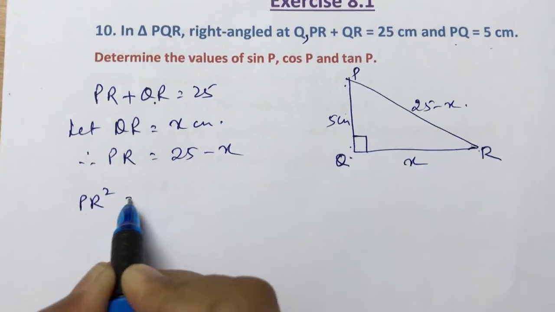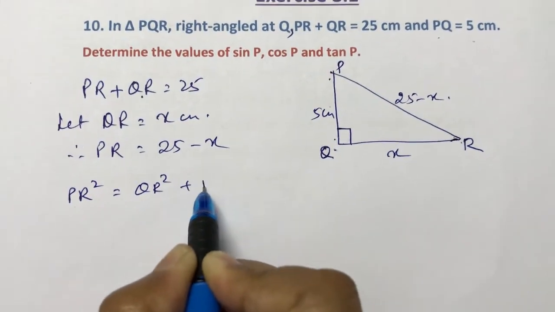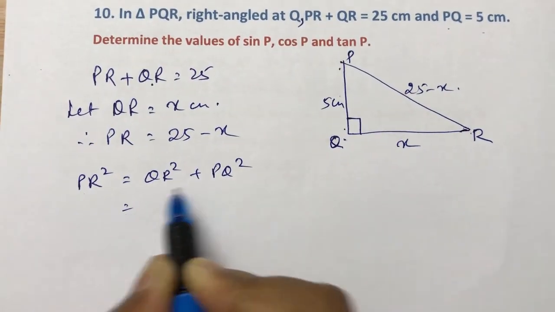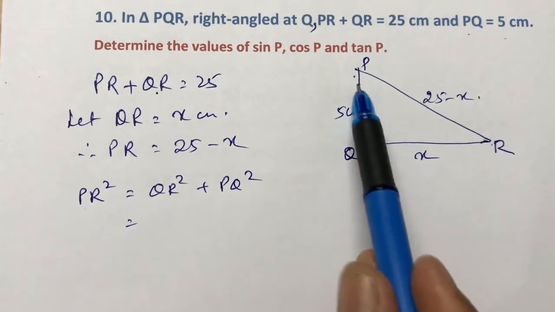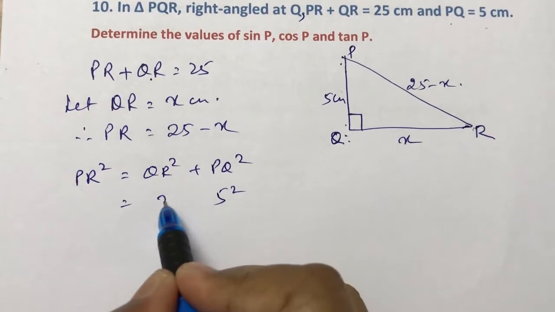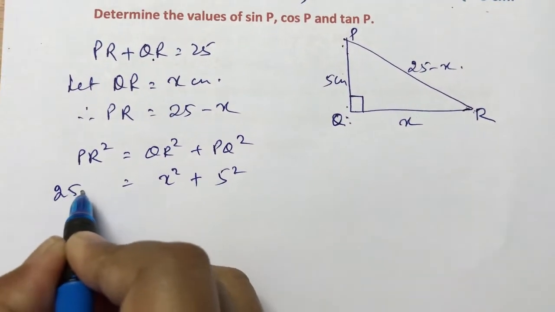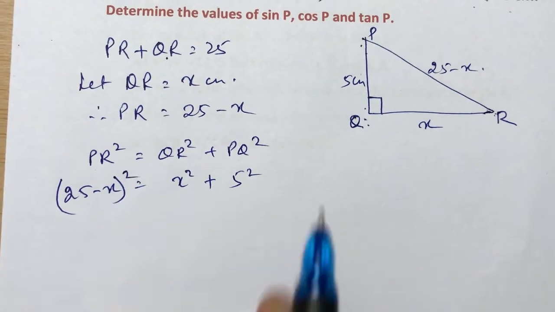So PR square is equal to QR square plus PQ square. PQ square is 5 square, QR square is X square, and PR square is 25 minus X whole square.